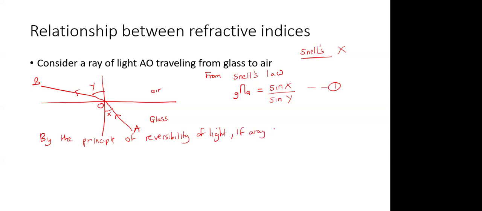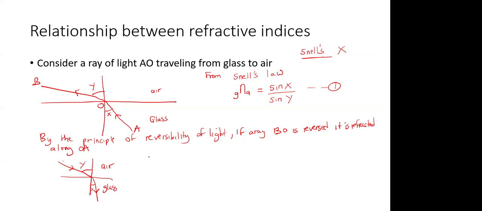If a ray BO is reversed, it is refracted at the interface along OA. So when we reverse it, we have a diagram of this nature. We shall have this one being reversed, this one will be Y, and we shall come here and it will be X. Now, by reversing, the angle of incidence is now in air, and then here we shall enter into glass.